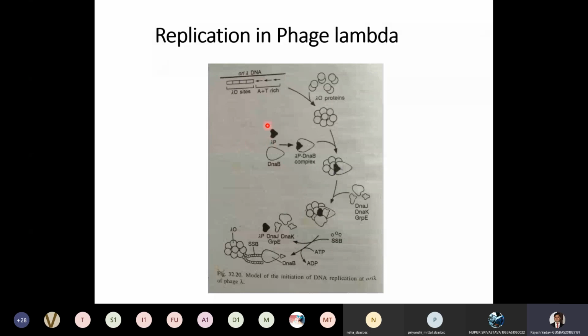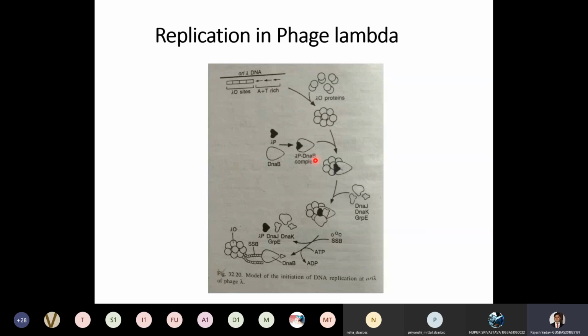In the same way, lambda P protein recognizes the AT-rich region, while DNA B protein, which is a helicase, will bind. So first these proteins combine and then bind with the DNA. DNA B protein works in the same way: it breaks the hydrogen bonds. Lambda P protein will recognize the origin, especially where the lambda O protein has already bound. So this is the second step. Now this is the third step.